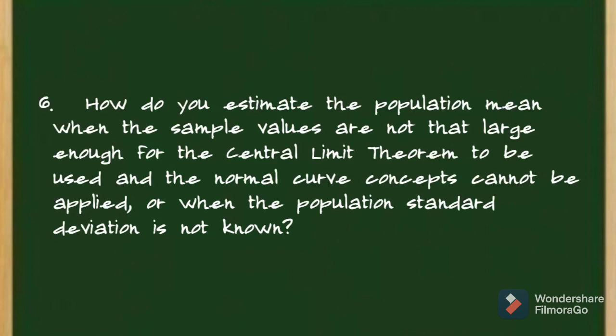How do you estimate the population mean when the sample size is not large enough for the central limit theorem to be used and normal curve concepts cannot be applied, or when the population standard deviation is not known? If the data are not normally distributed, we can estimate the population mean by the sampling distribution of the standard deviation.